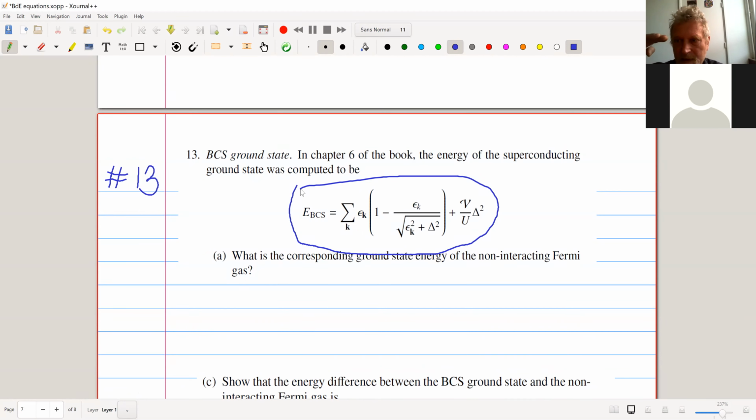So there was a normal metal without superconductivity. We have discussed that superconductivity is actually energetically favorable, and we would like to have a counted expression for the energy.